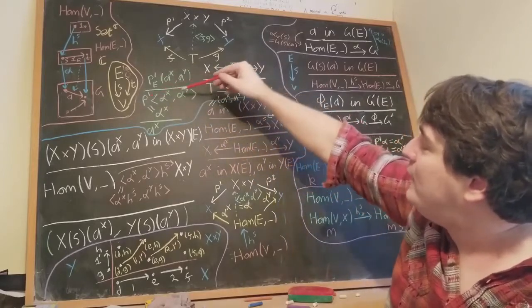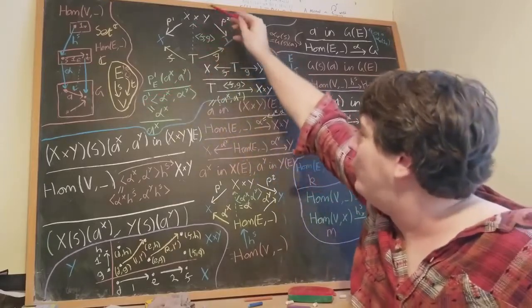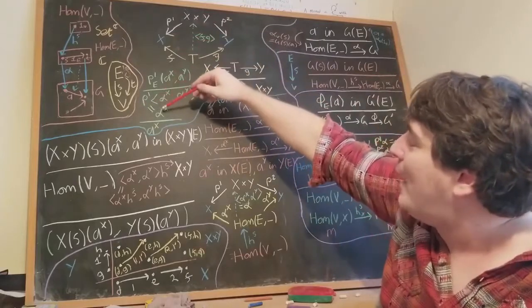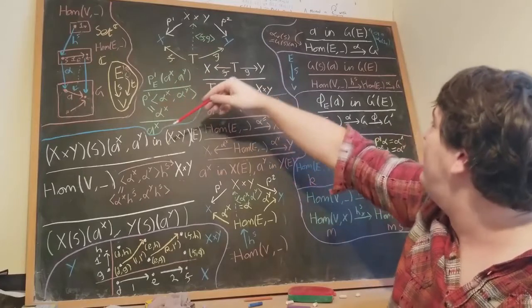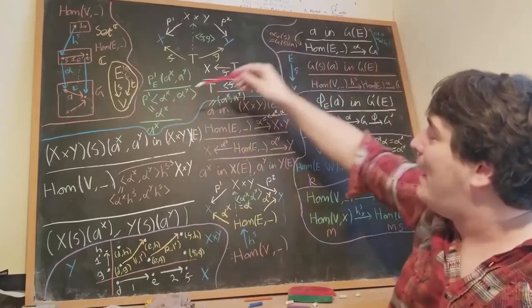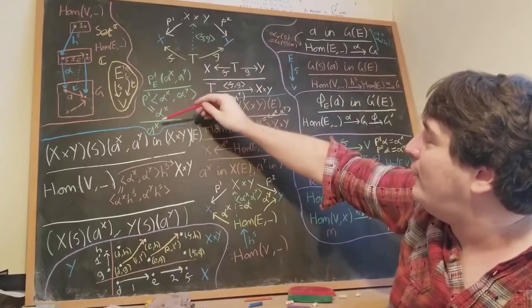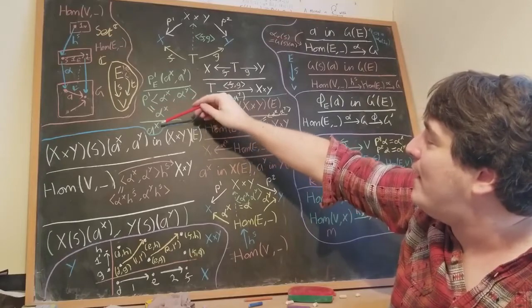And we can just evaluate this because we know what this composition is. It's just alpha to the power of X. And then going back again from arrows to elements, we see that this just corresponds to a to the power of x.